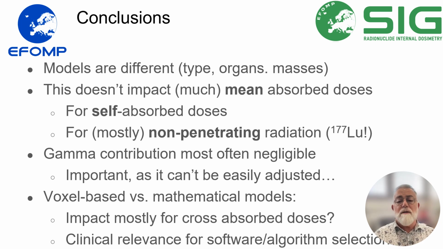The gamma contribution is most often negligible, especially in the context of therapy, and it's cool because it cannot be easily adjusted. Then the difference between voxel-based and mathematical model-based dosimetry: the impact is mostly for cross-absorbed dose.